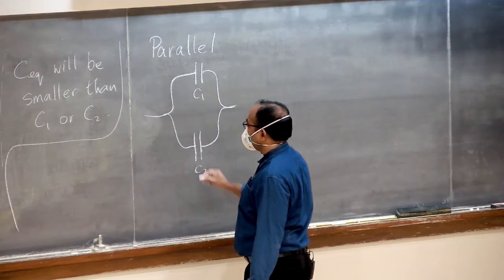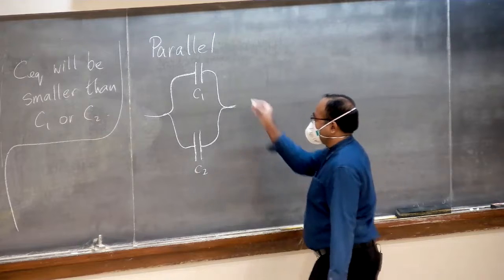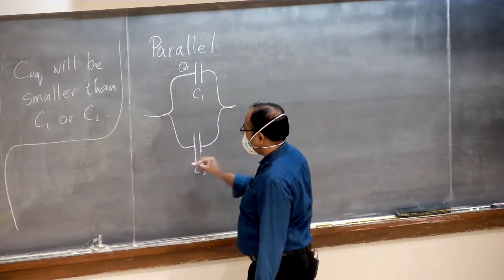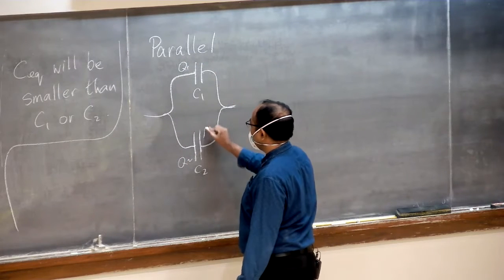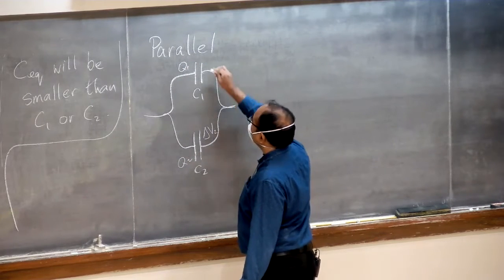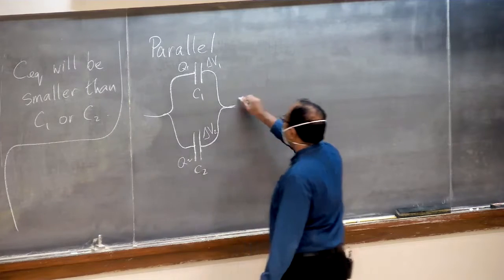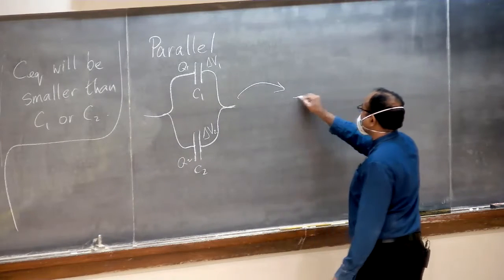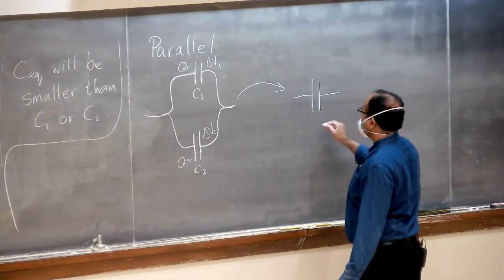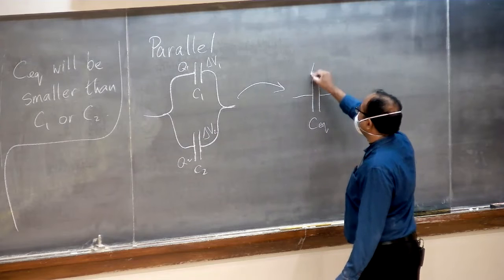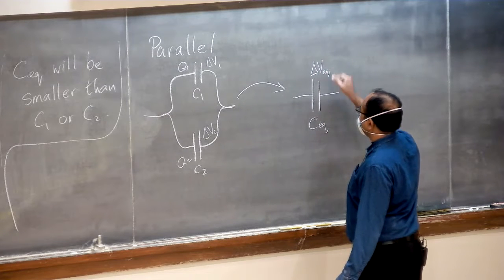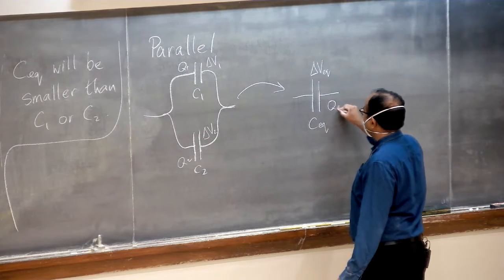C1, C2, and again we'll have Q1, Q2, delta V1, delta V2, and then again you're replacing it with a single equivalent capacitance, with delta V equivalent, Q equivalent.